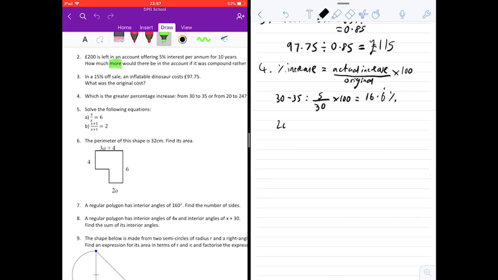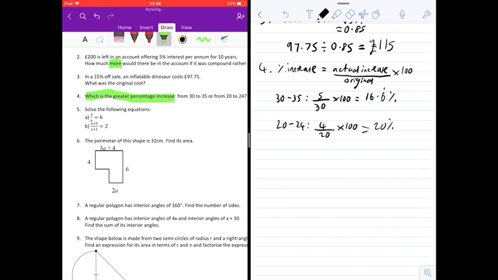From 20 to 24, the change is 4, the original value was 20, multiply that by 100, and this time I get an answer of 20%. Now, really important that we answer the actual question, which is the greater percentage increase.